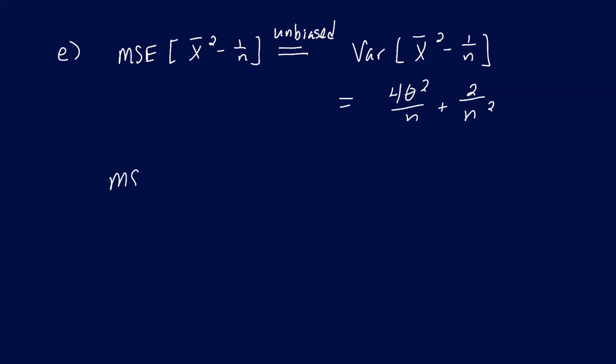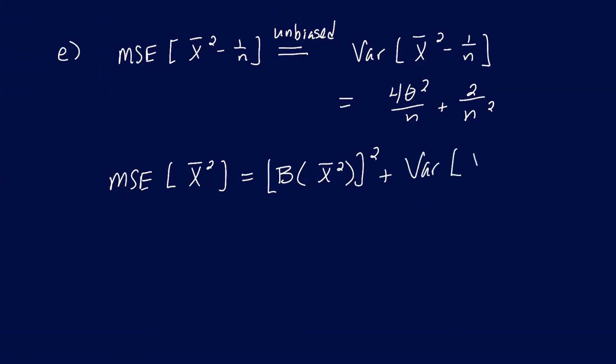The MSE for the MLE, this is not the variance of the MLE because there is some bias. If you took MathStat with me, we showed that the variance is the MSE minus the bias squared. So that means the MSE is the bias squared plus the variance, which is given to you in the hint.